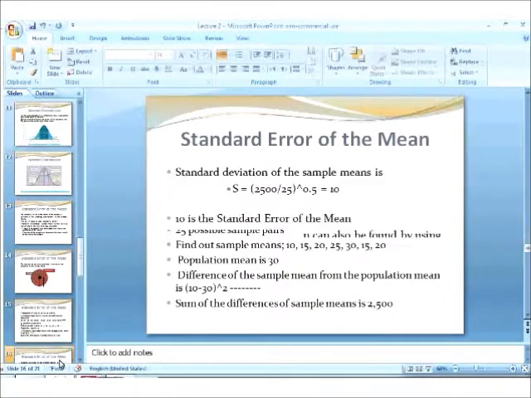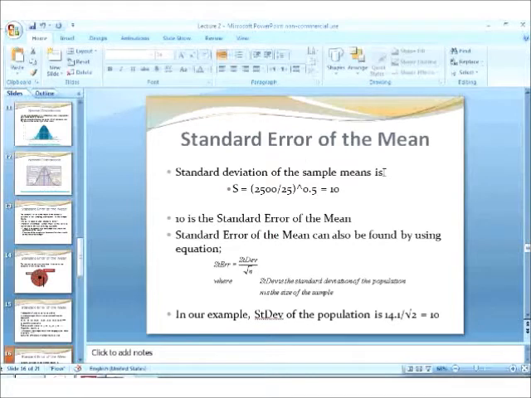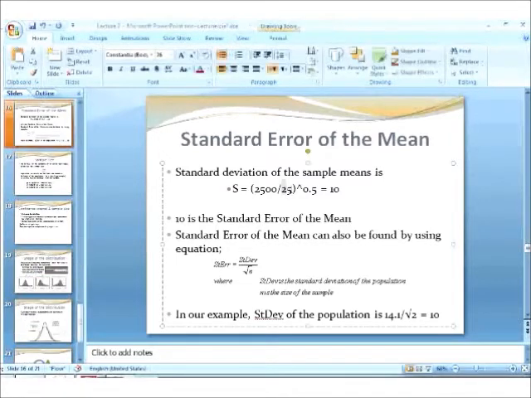The standard deviation of the sample mean is 2500 divided by 25, or 25 minus 1, however we say; as I mentioned, we can say n or n minus 1, whatever it is. Here 25 is the n, the 25 data points, the 25 means.